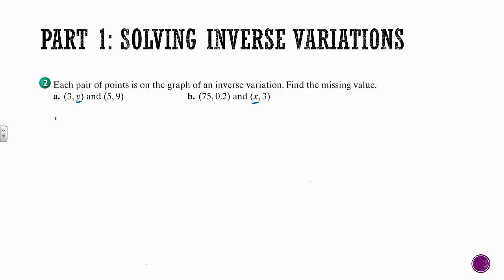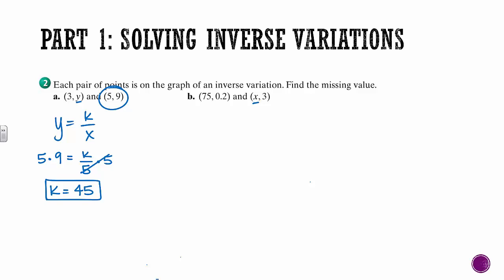So we can use that to find k for whatever point we know all of the information about. I know that when y is 9, x has to be 5. And if I solve for k, just like we just did on the last one, I get that k has to be 45.